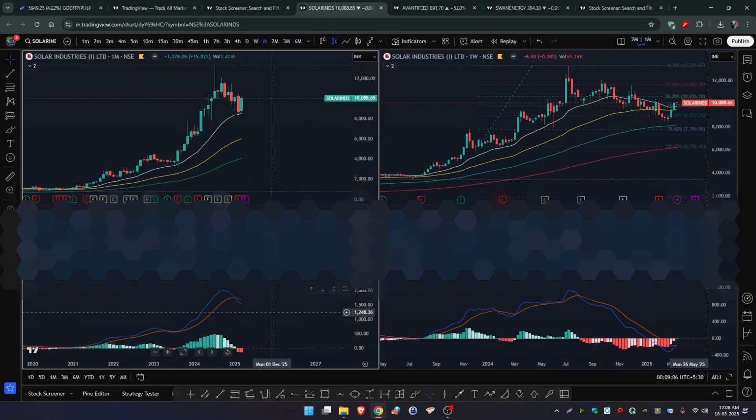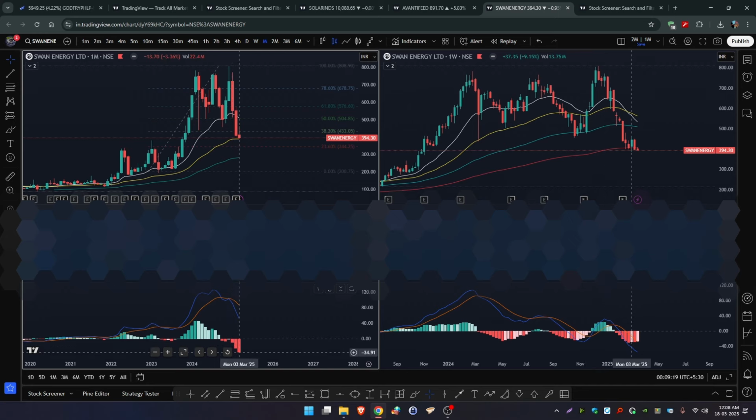We have Solar Energy, which is, again, what does the MACD tell me? The MACD is basically telling me that the selling pressure was there, but then it is slowly dying out. If you look at Swan Energy, you look at this bar compared to this, there's a massive difference. This difference is telling you that this stock is ruled by sellers right now.